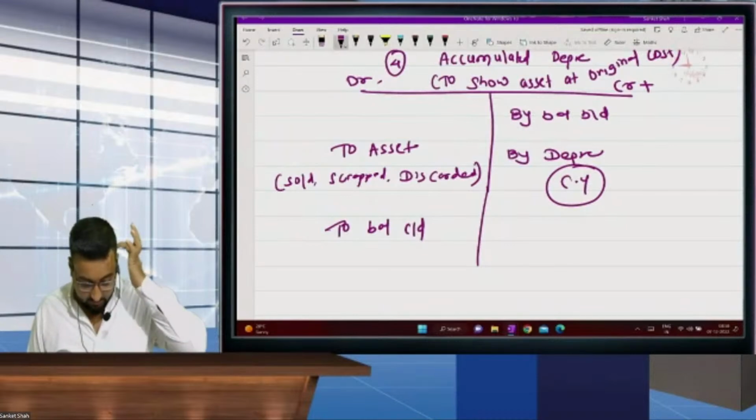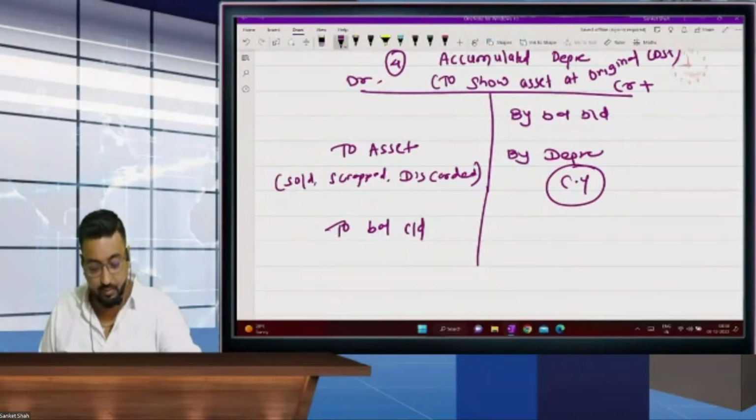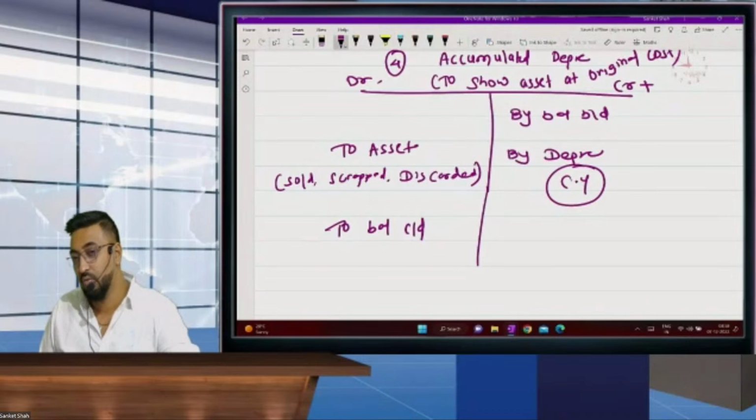So accumulated depreciation we have completed. Beta, please skip 2 pages for other pro formas. Okay. So now one by one pro forma I will take in the question.